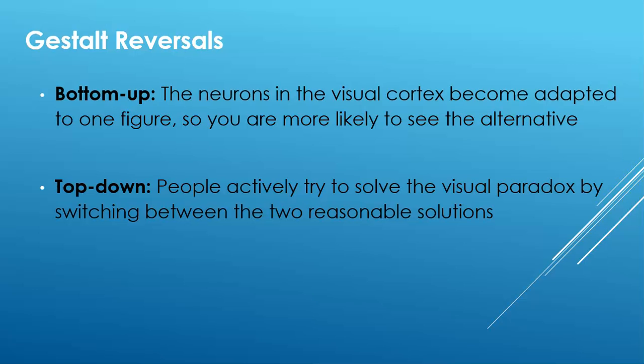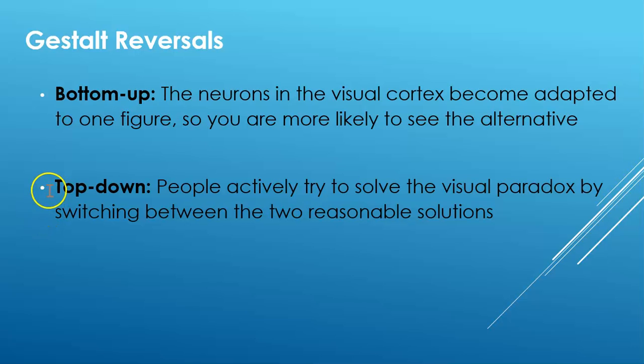So we've got bottom up, where the neurons in the visual cortex become adapted to one figure, so you are more likely to see the alternative. And then top down is where people actively try to solve the visual paradox by switching between the two reasonable situations. So with top down, you're able to switch very easily from one version to the other.